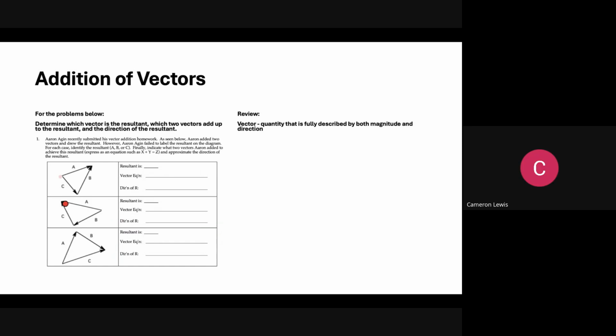Now, at the very end, we got this new vector, which is our resultant. Remember, we have our axis. I'm going to draw the axis in green. Remember this axis? Now, what's the direction of our resultant based off of that axis?